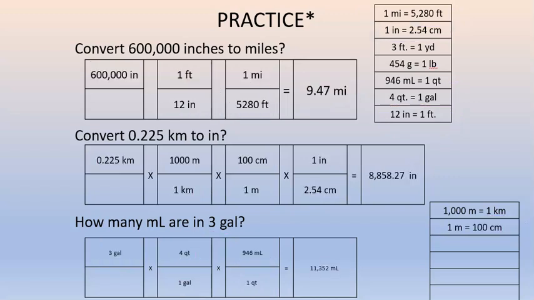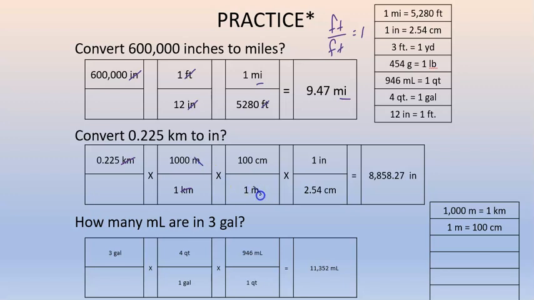It's a little bit neater. So we would then make sure, and I want to make sure we understand something. These are going to cross off. These are going to cross off. Notice that I have feet. Remember, we talked about this, feet over feet equals 1. And I'm left with miles, which is what I have here. Kilometers is the same thing. I'm going to get rid of these 2. Notice that I'm crossing 1 off, because kilometers over kilometers is 1.